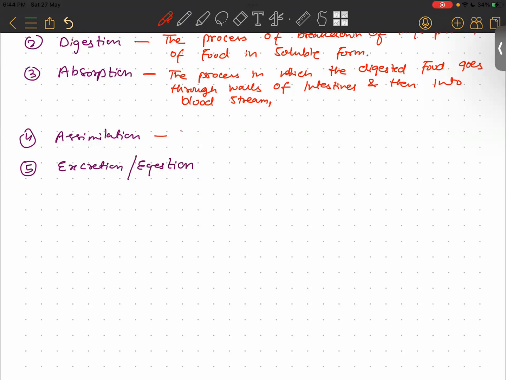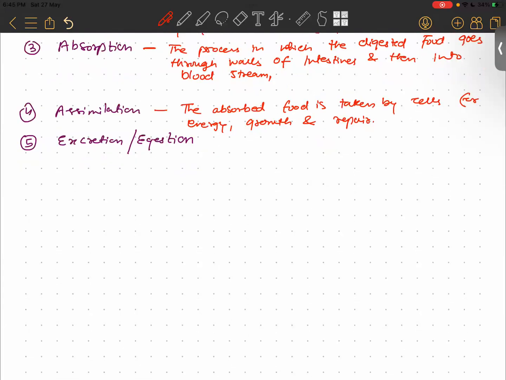So assimilation is when absorbed food is taken by cells for energy, growth, and repair.